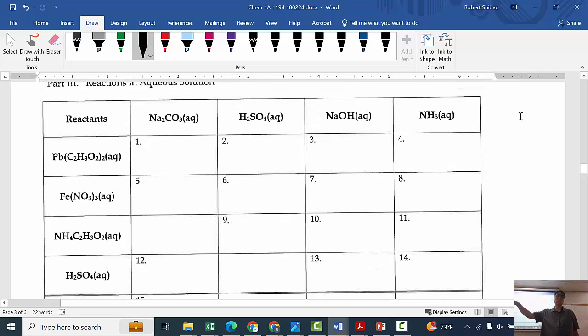Actually, we're going to go across. So we're going to do lead-2 acetate with sulfuric acid. So let me get my sulfuric acid. And so what would you say for sulfuric acid? CCS. And let me pour some sulfuric acid in here.